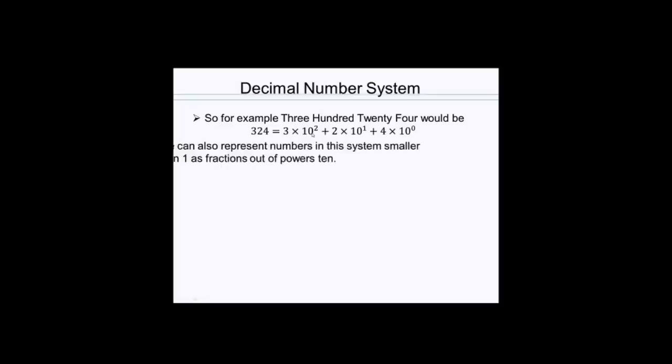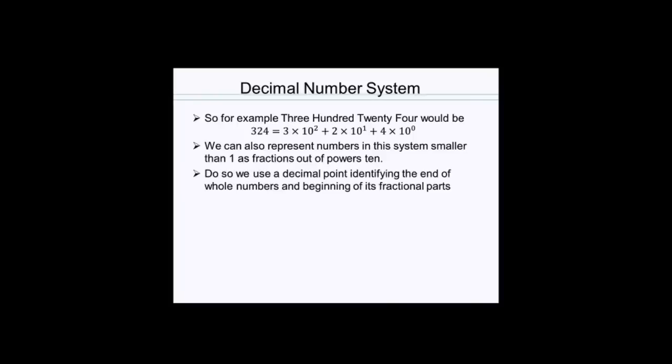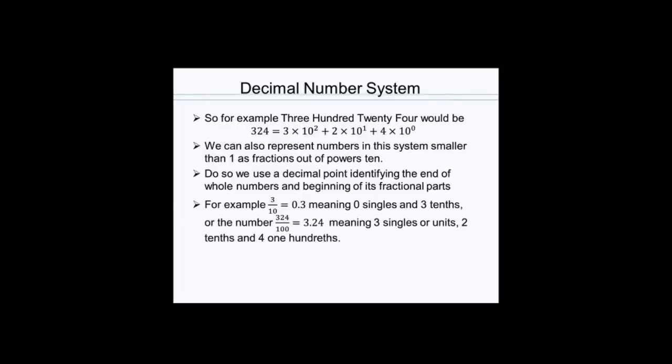We can also represent numbers in this decimal number system smaller than 1 as fractions out of powers of 10. So we can use the decimal point, which identifies the end of the whole number and beginning of the fractional part. For example, 3/10 is represented as 0.3.